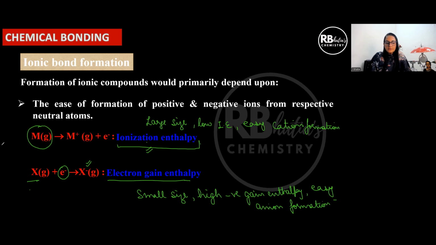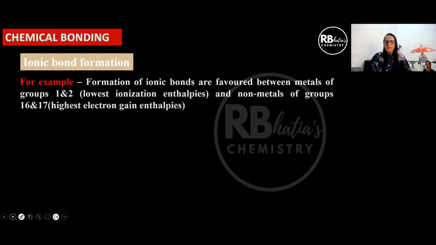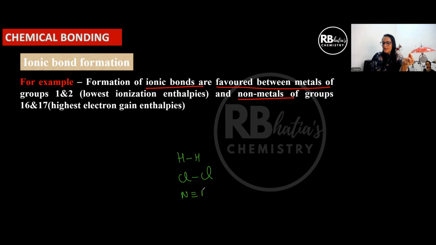So the third thing of importance would be, remember one point, ionic bonds are always favored between metals and non-metals. Covalent bonds can be formed between similar atoms like HCl, Cl-Cl, H-H, N-N, O-O, and so on. They can also be formed between dissimilar elements.